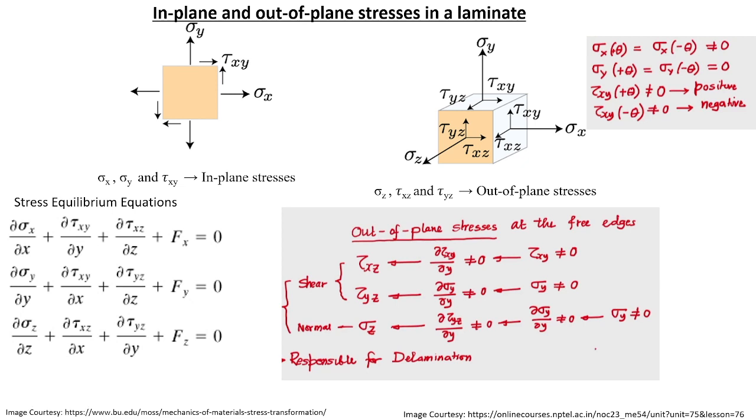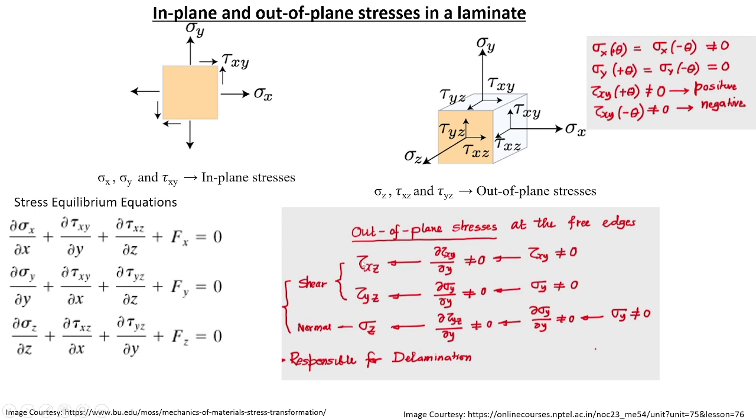Now, there are two kinds of laminates we considered. One is where the ply directions are 0 or 90 degrees. When the fibers are aligned in 0 and 90 degrees, then there will be no shear among the laminas. As there is no shear stress, tau xy will be 0.